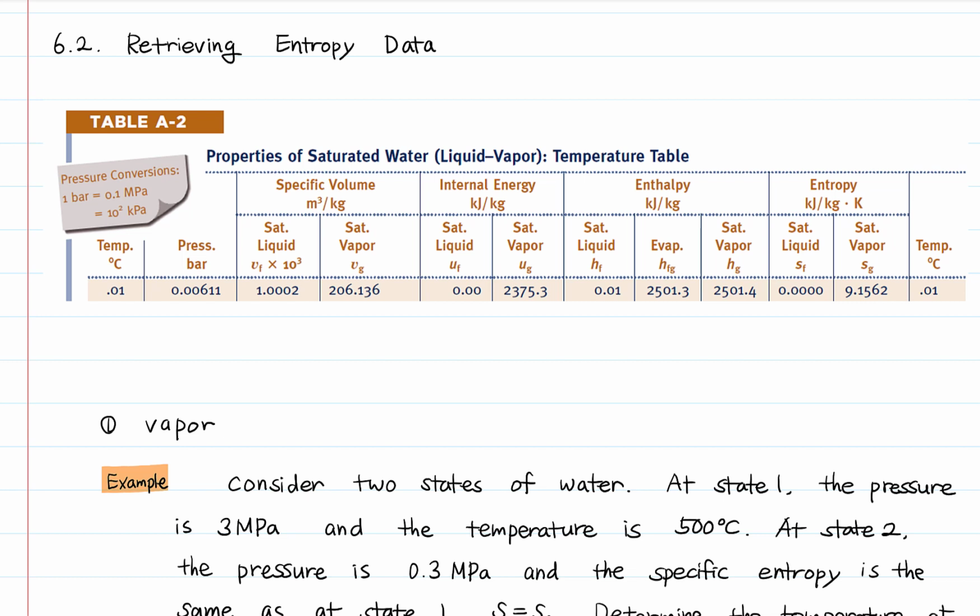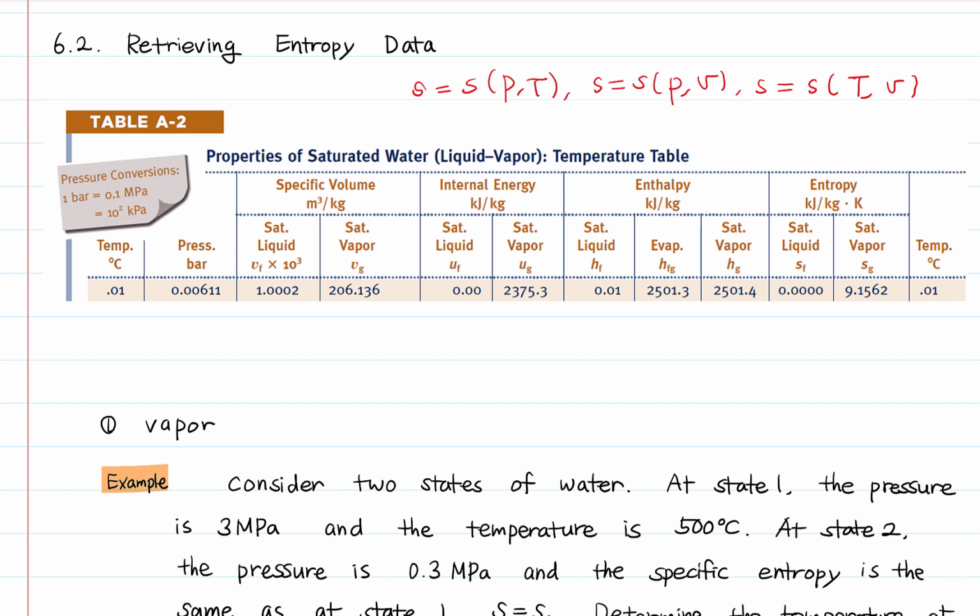So we can determine entropy from pressure and temperature. We can also determine entropy from pressure and specific volume. Entropy can also be determined from temperature and specific volume.